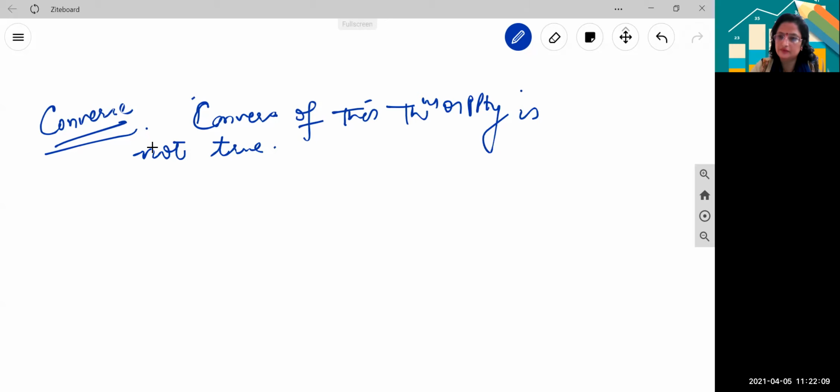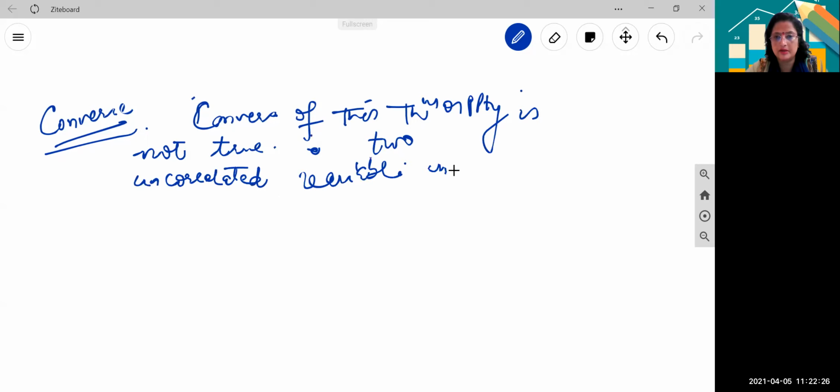So it means we have to take one example to prove this converse. That is, first of all, we will write: two uncorrelated variables may not be independent.